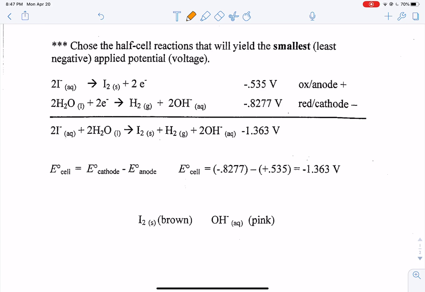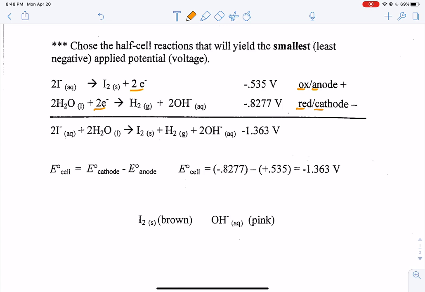So once we've selected our two half reactions, we write the iodine reaction as losing electrons, as oxidation. Oxidation takes place at the anode. We leave the other reaction as written. And so reduction takes place at the cathode, the gaining of electrons as opposed to the losing of electrons.